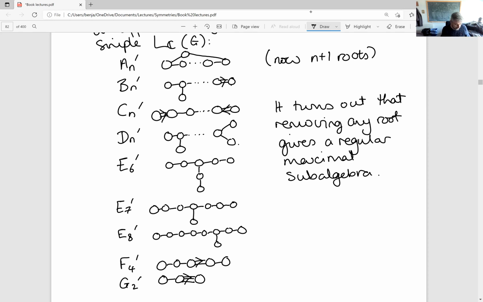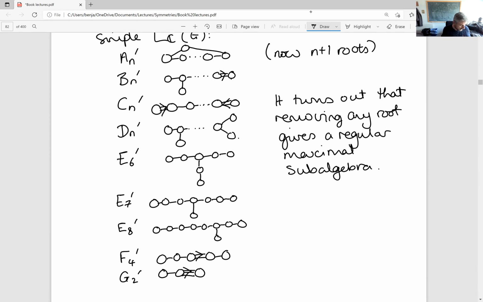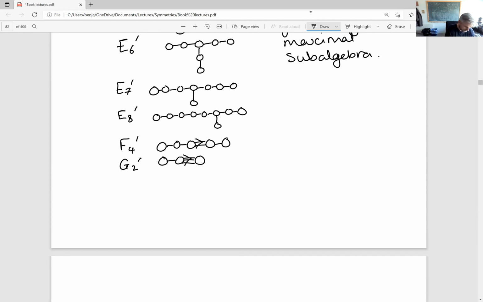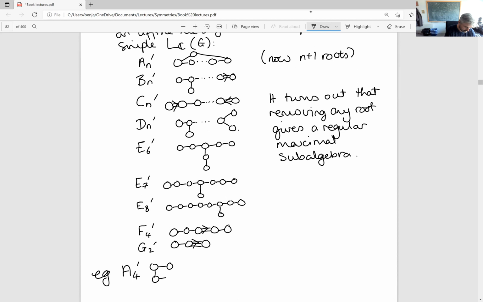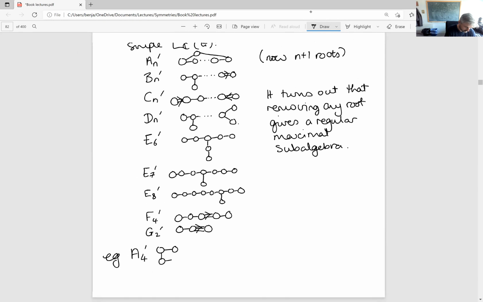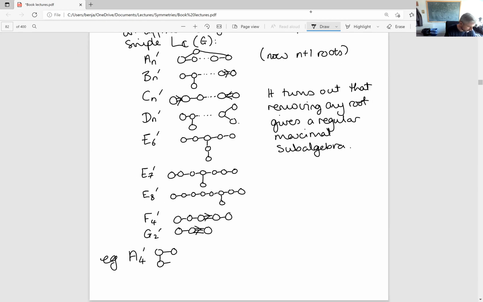So to give you some examples now, let's have a play with these. So let's look at A4 prime. Oh, sorry, I think I've got this n+1 wrong. Yeah, this should be A3 prime, sorry.